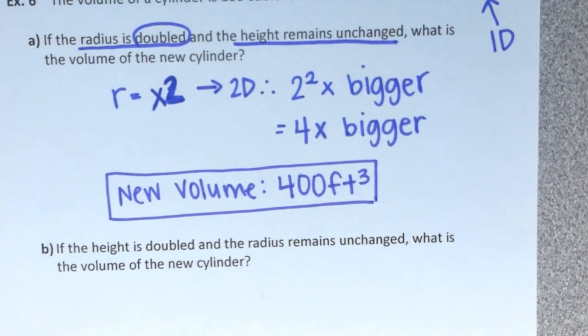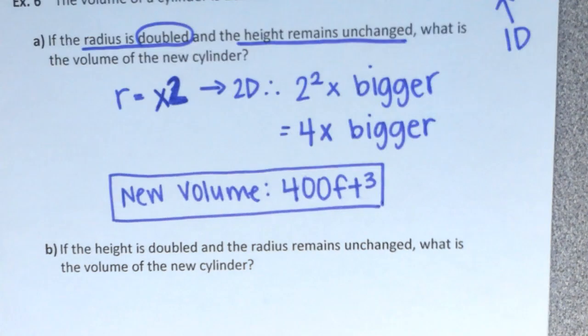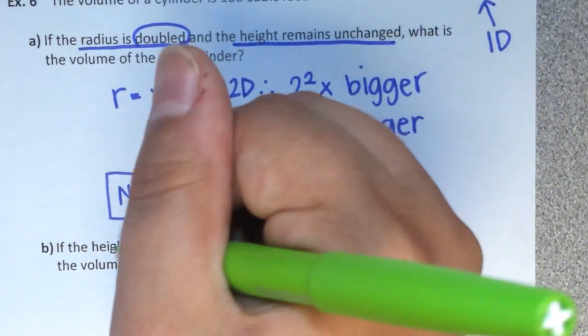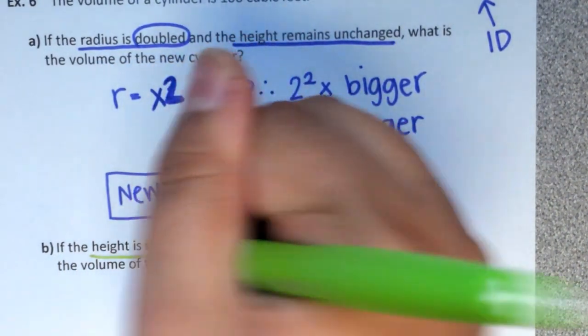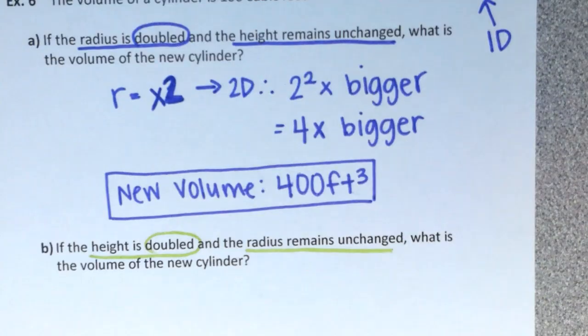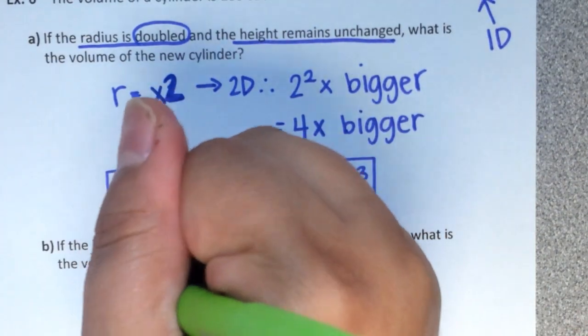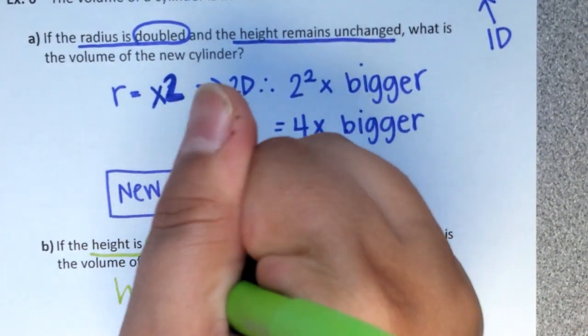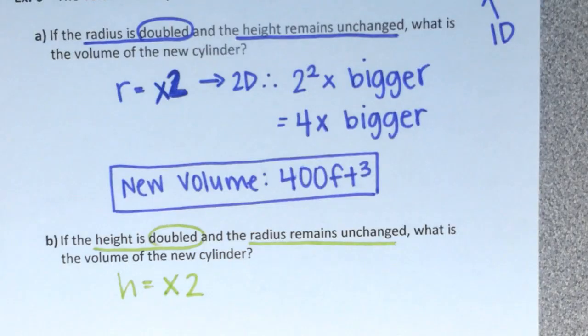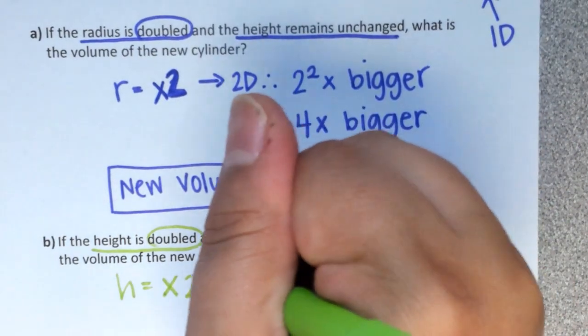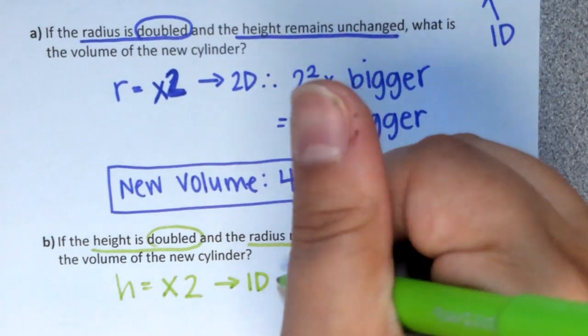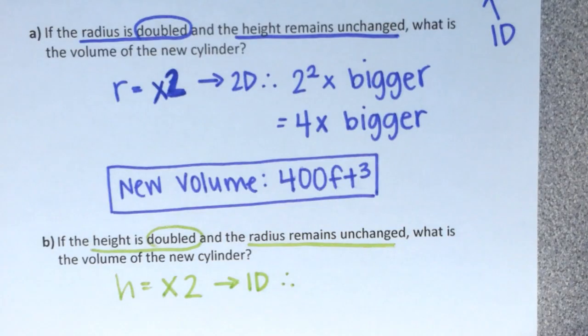It didn't have a pi, nope. Okay, what if the height was doubled, but the radius remains unchanged? So this time, my height is doubled, times 2. It's only 1 dimension, therefore, how many times bigger is it?